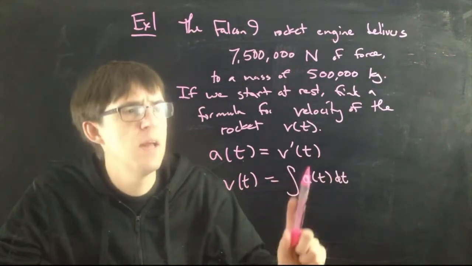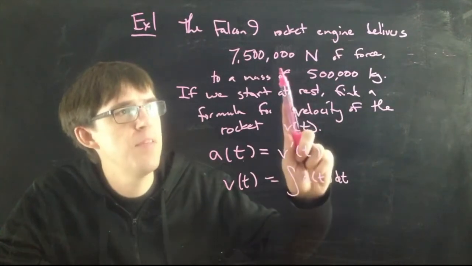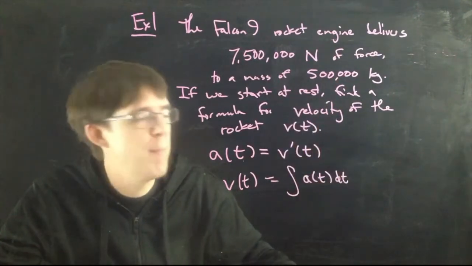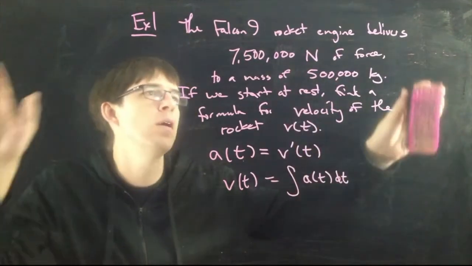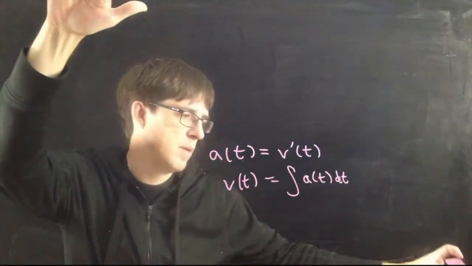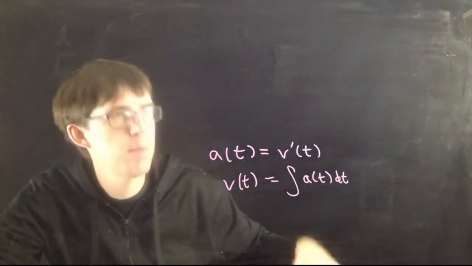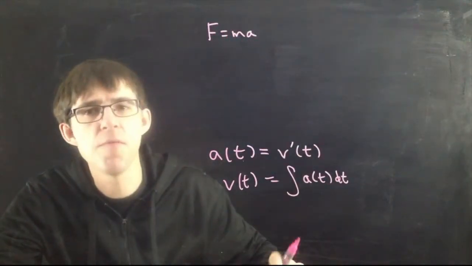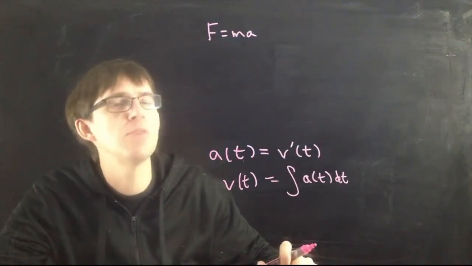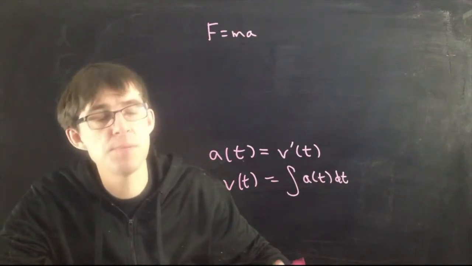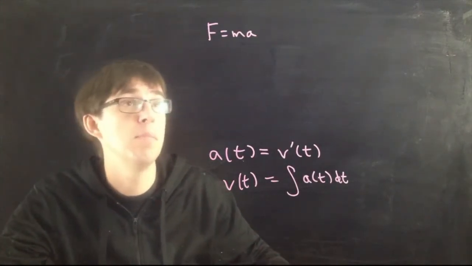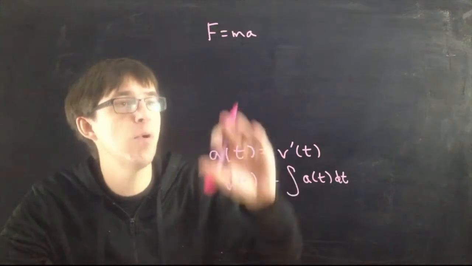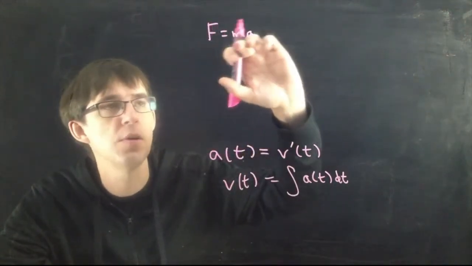What is the acceleration? The acceleration can be determined by this force and this mass by Newton's law. If you've ever taken a physics class, probably you learned Newton's law, which is F equals ma. This is how the force measured in newtons is related to the mass measured in kilograms and the acceleration measured in meters per second squared. In this example, we were given the force and also the mass.